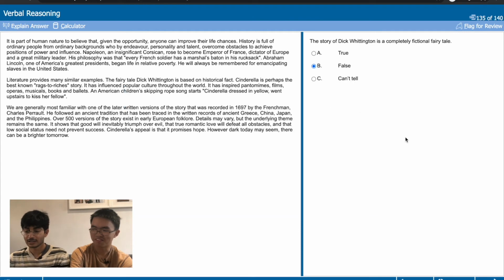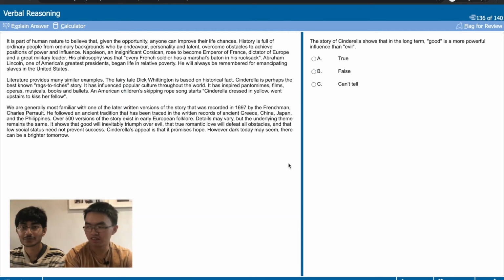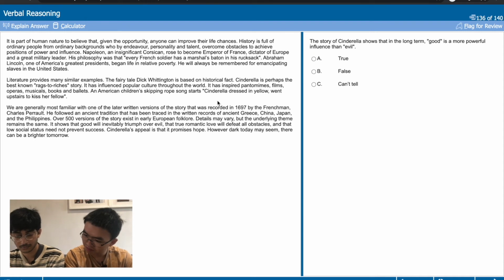Yes, well done. So the next one is talking about Cinderella, and once again it's a name, so it's easy to find. It's in the second paragraph. Rags to riches story. Shows that love and good is more powerful in influence than evil. Well, that's not really mentioned, is it? There's some stuff at the bottom as well.